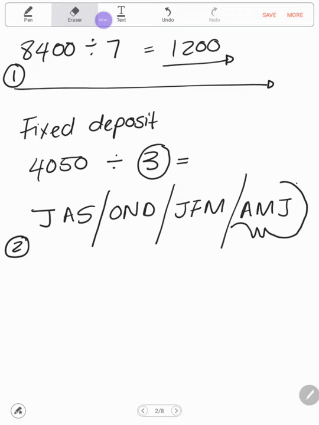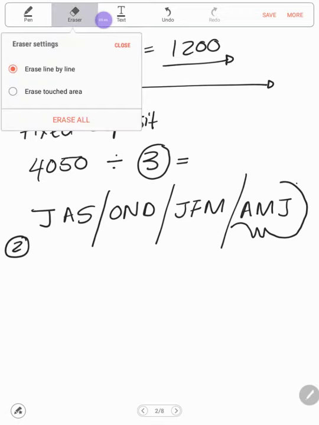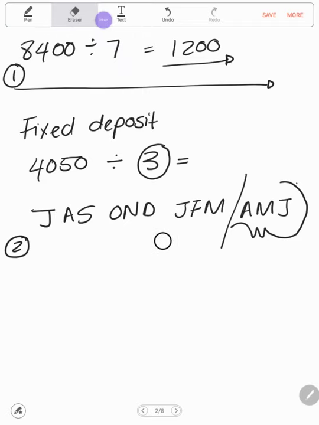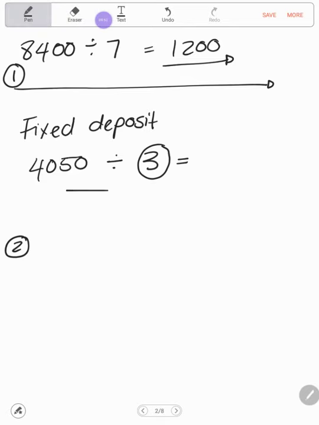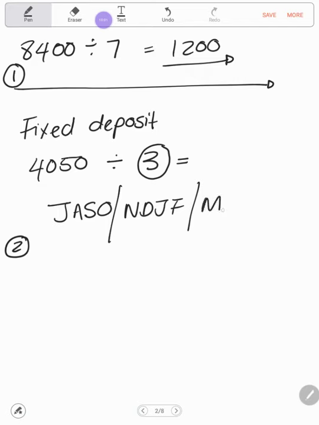So obviously, what does this tell you? It should be like this: July, August, September, October, November, December, January, February, March, April, May, June. That's how it's supposed to be every 3 months.